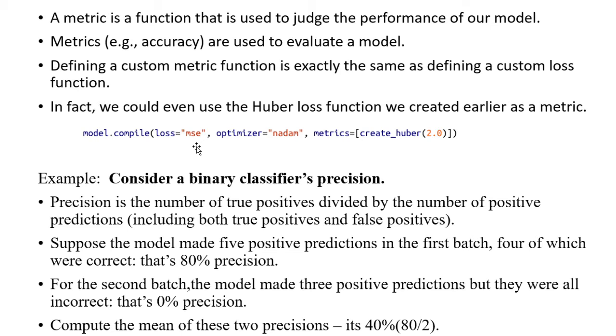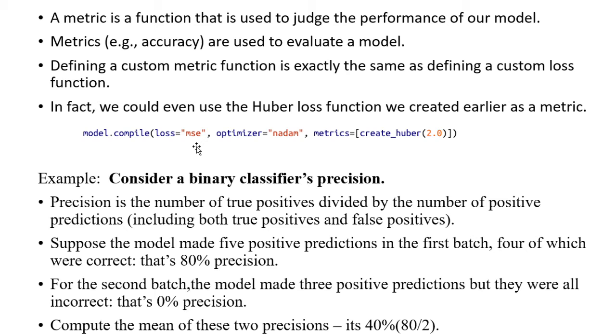Let's understand some more details about metrics. So we'll take a binary classifier example where precision is the metric. We already know what precision is. Precision is the number of true positives divided by the total number of positive predictions, or it is equal to true positives divided by true positives plus false positives.